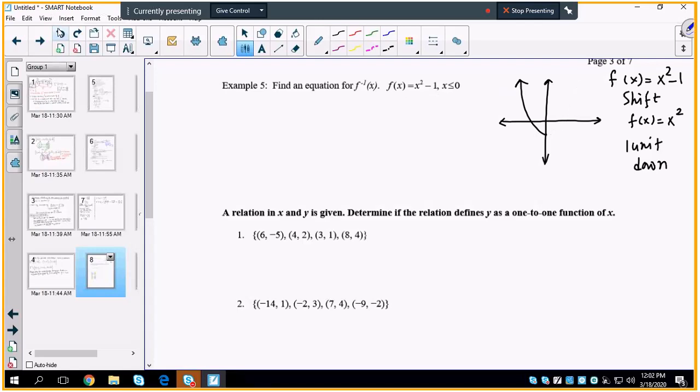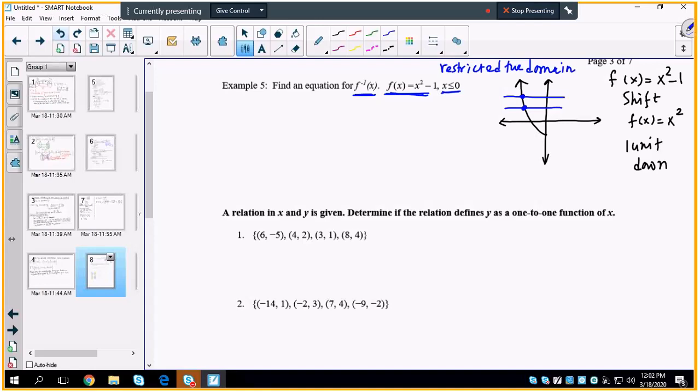If I'm considering only the left hand side, x less than or equal to 0, then this is the picture of the graph. Now do the horizontal line test, and you will see you are crossing the graph in exactly one point. So in order to talk about the inverse of a function which is not necessarily one-to-one, I restricted the domain and made it one-to-one so that I can talk about the inverse of the function.